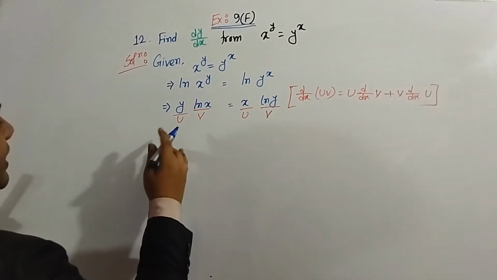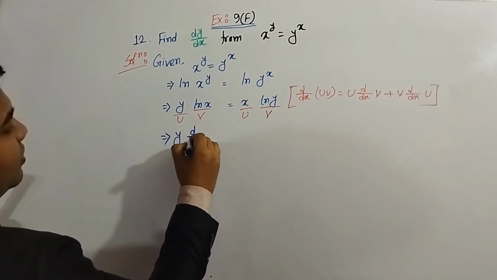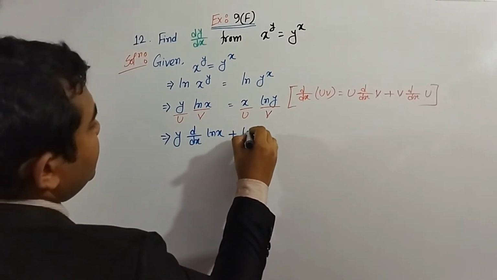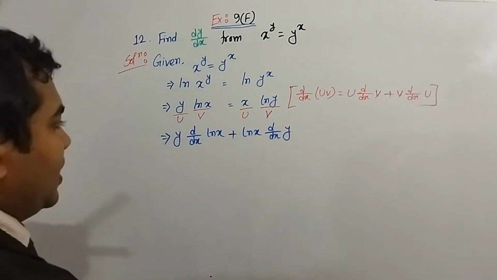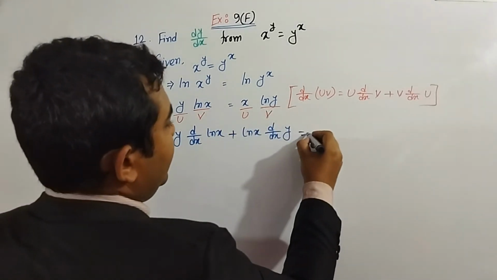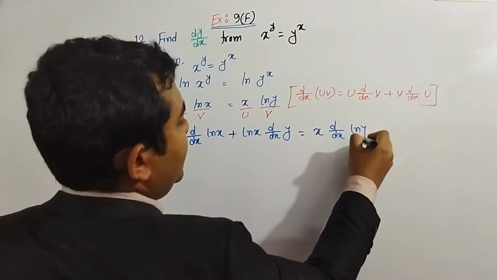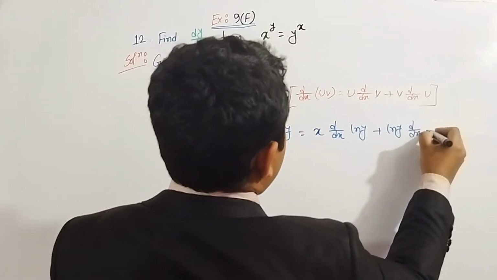Then what will we get? u d/dx of v plus v d/dx of u. Here similarly, u d/dx of v plus v d/dx of u.